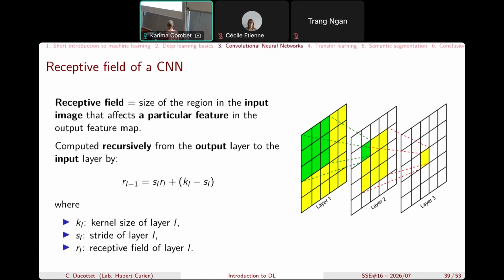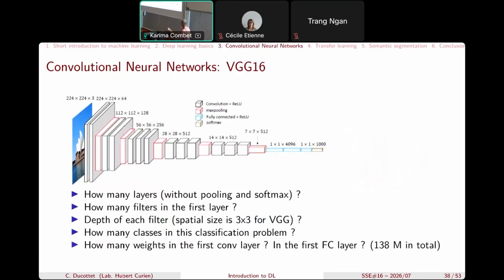Here, it is easy to understand that this neuron is a function of a bigger zone in this feature map. There is a formula here. Each time you go deeper inside your architecture, each pixel in this feature map corresponds to a larger zone of the image.